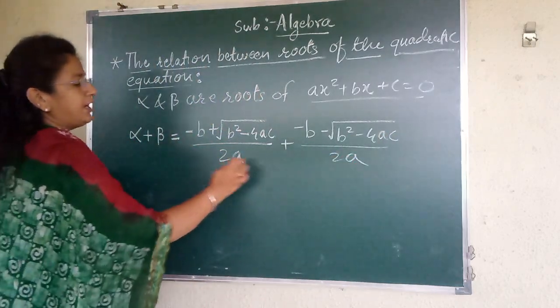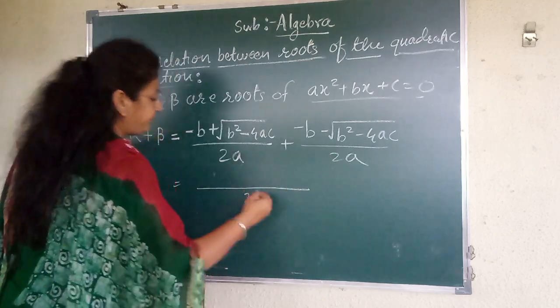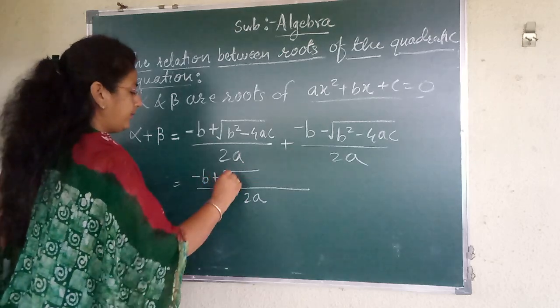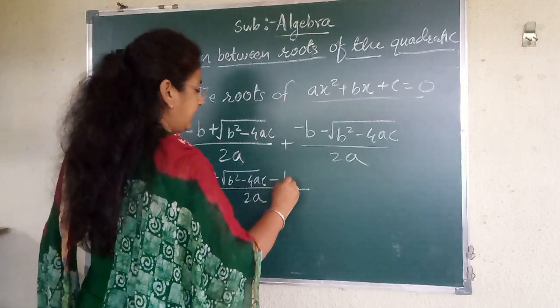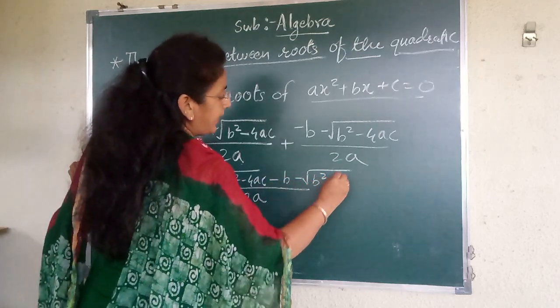Simple addition: the denominator is the same. So 2a, negative b plus root b² minus 4ac, minus b minus root b² minus 4ac.